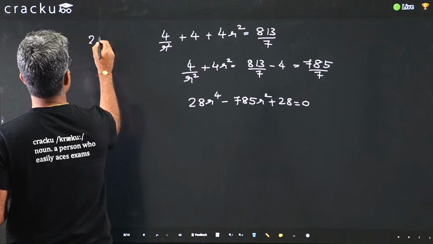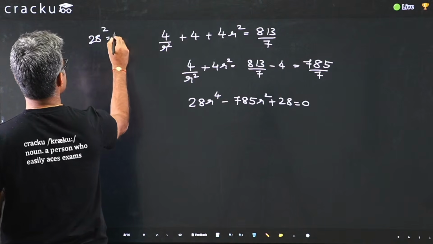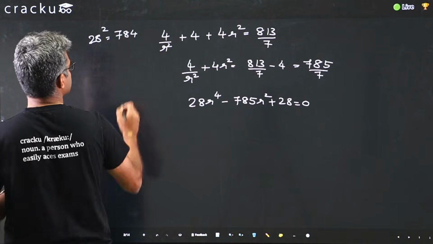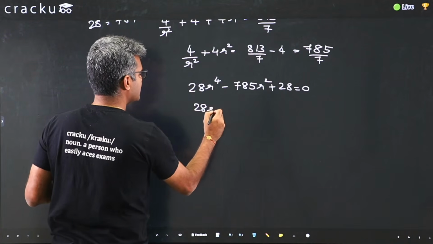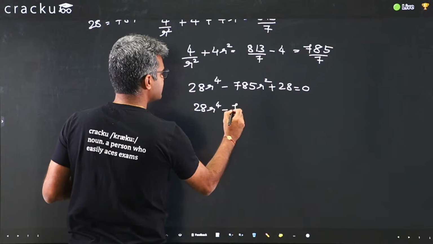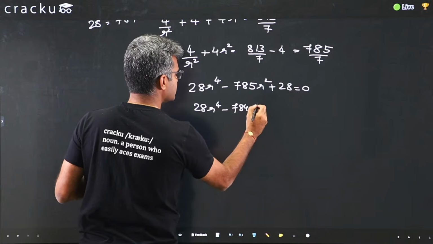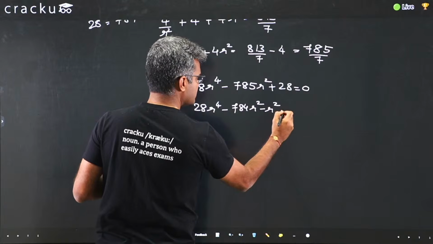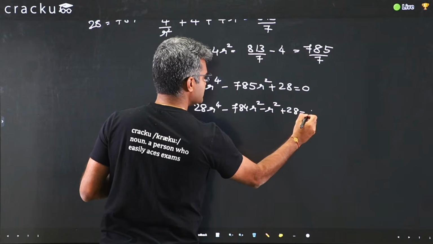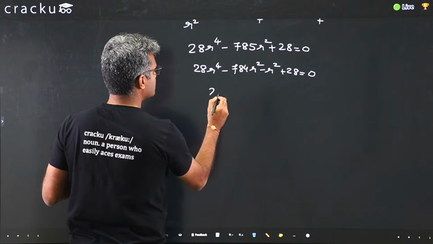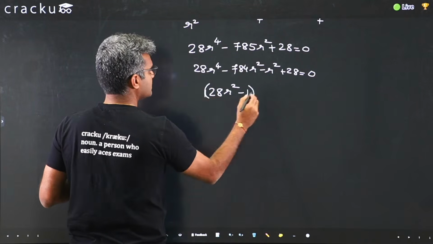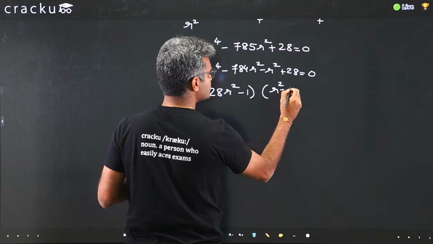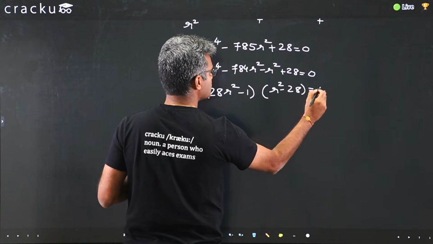We know that 28 square is equal to 784. So we can factorize this quadratic equation as 28R to the power 4 minus 784 R square minus R square plus 28 is equal to 0, or (28R square minus 1) into (R square minus 28) is equal to 0.